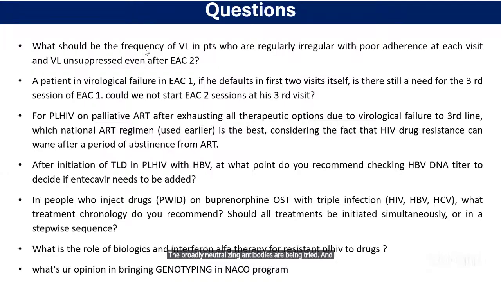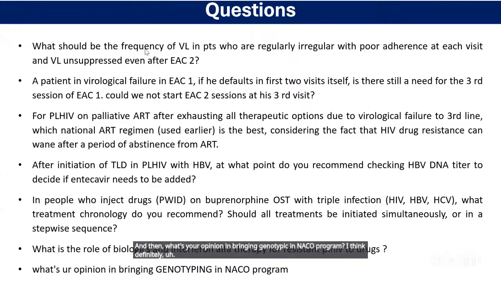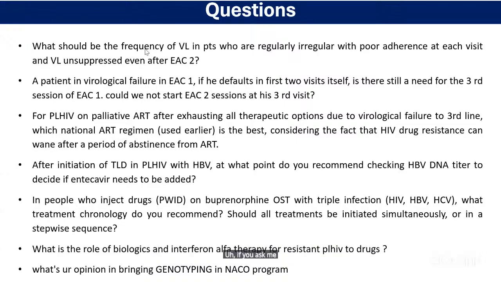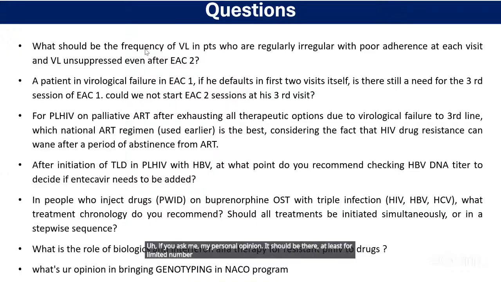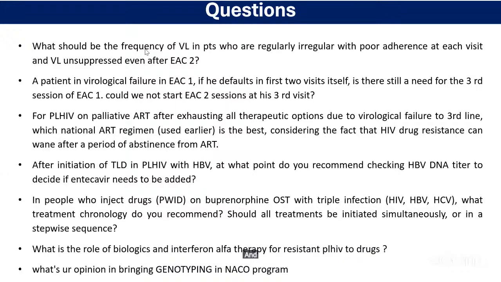And then, what's your opinion on bringing genotypic testing into the NACO program? I think definitely, if you ask me, my personal opinion, it should be there, at least for a limited number or select patients. And probably NACO, what I have heard, is moving in that direction very soon.